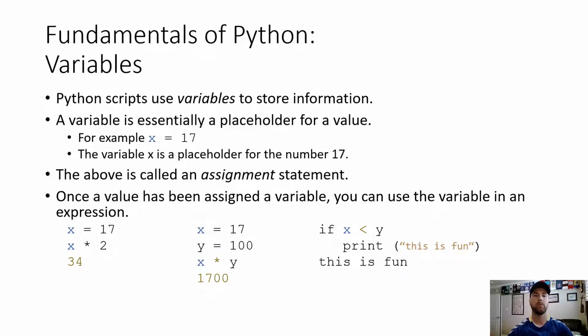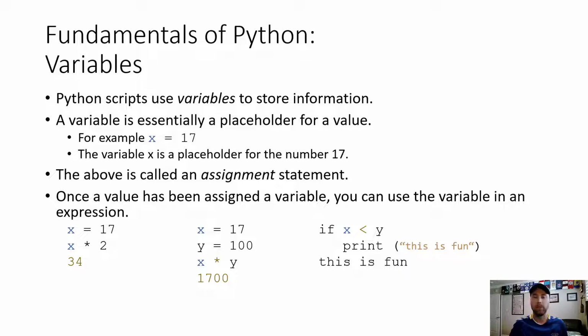Variables. So Python scripts use variables to store information, and sometimes this is to save keystrokes essentially. Like let's say you've got a very large numerical value, you can just say x equals very large numerical value. Then in the future, you just need to type x, right? So a variable is essentially a placeholder for a value. This example here is x equals 17.